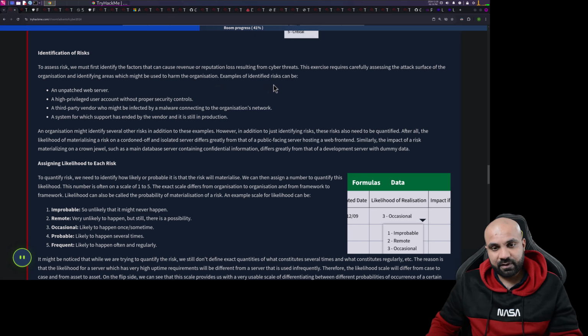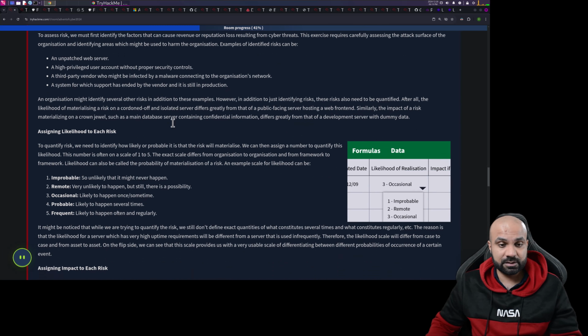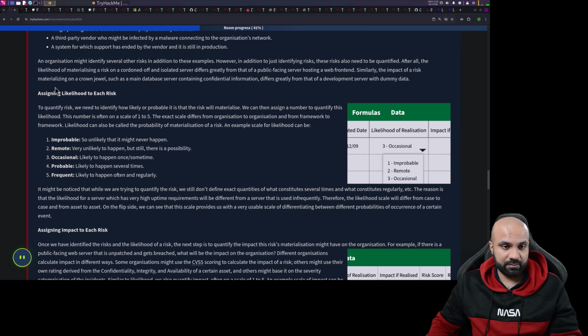Examples of identified risks can be an unpatched web server, a high privileged user account without proper security controls, a third-party vendor who might be infected by a malware connecting to the organization's network. That is very true. A system for which support has ended by the vendor and it is still in production. This is also, all of them are really valid use cases.